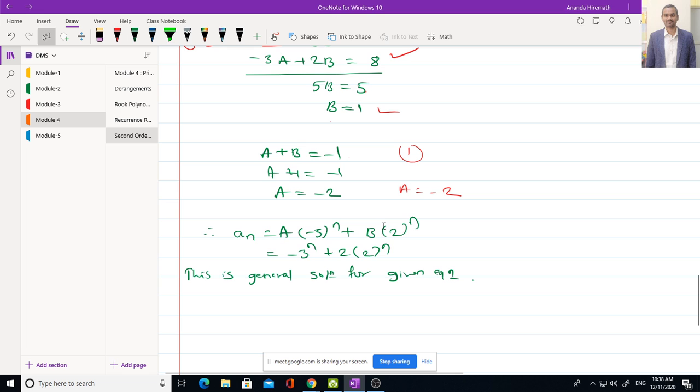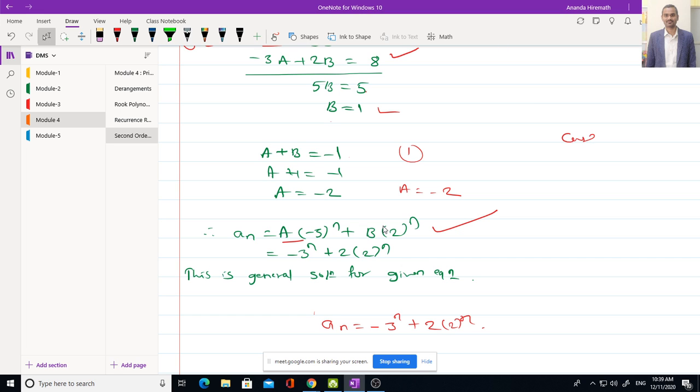So finally I can replace these a and b values in this equation for an. You will get an is equal to minus 2 into minus 3 raised to n plus 1 into 2 raised to n.